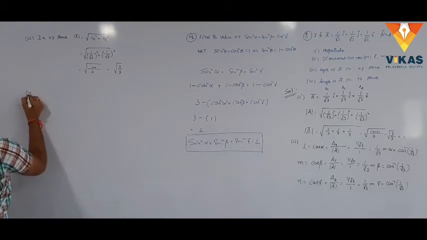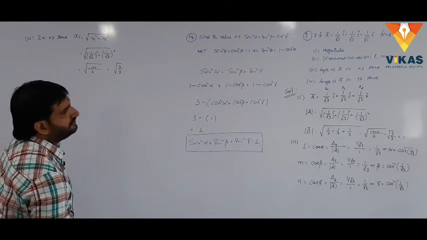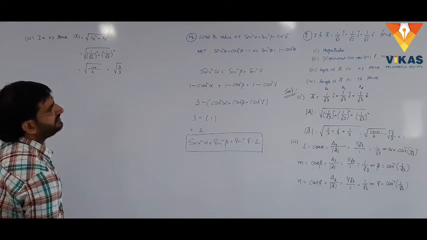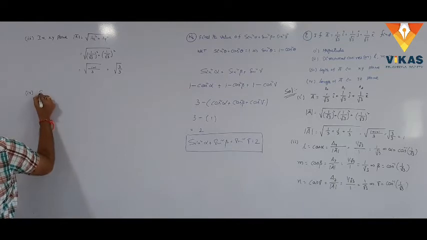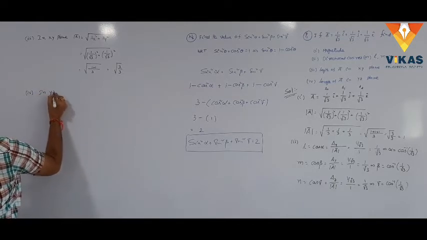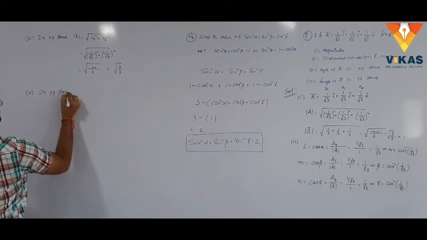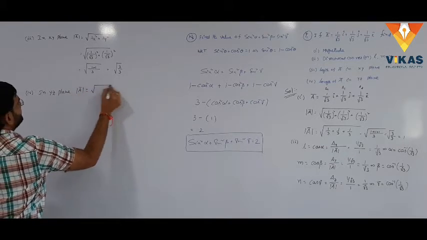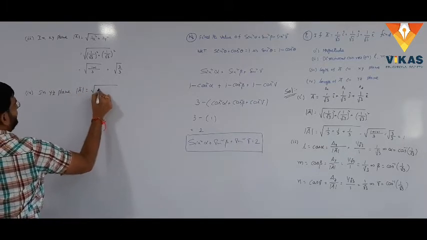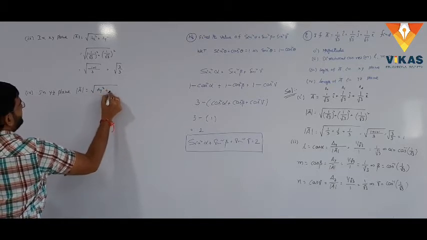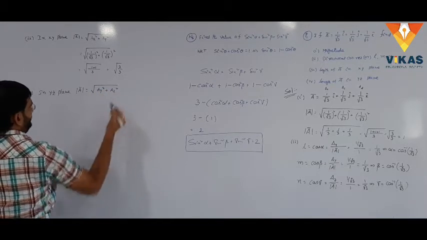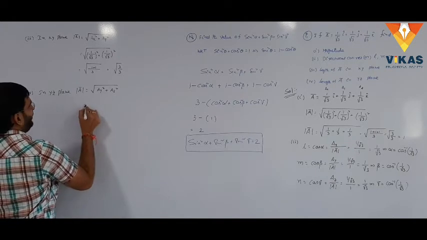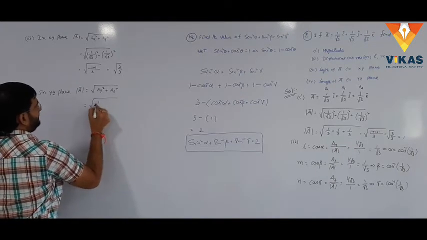The answer for the fourth question. What is the question? The length of the vector in yz plane. In yz plane, the length of the vector modulus, y and z components are there: ay square plus az square. What is the value of ay? That is 1 by root 3.